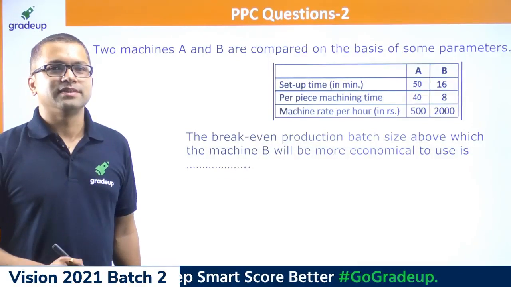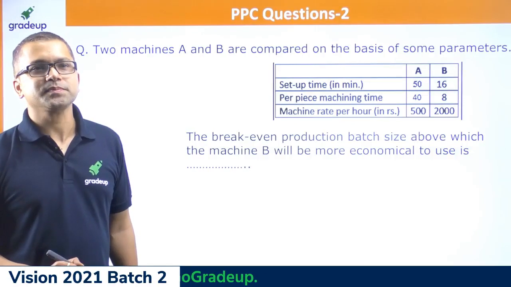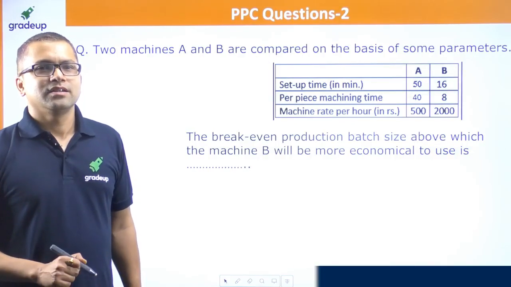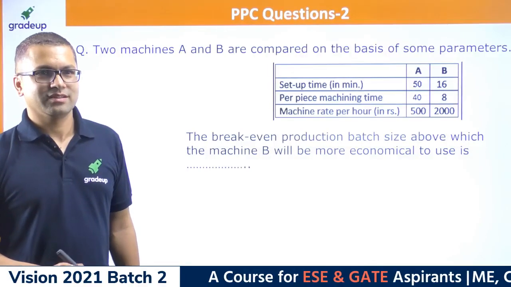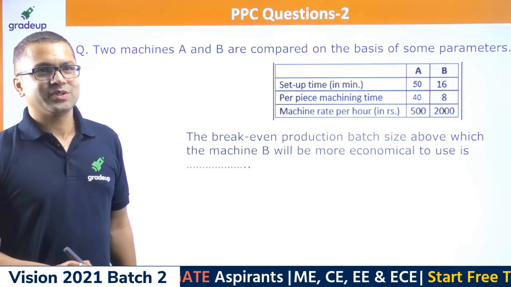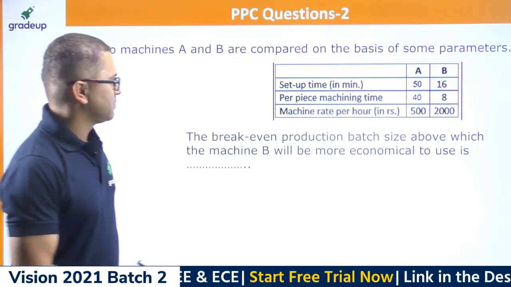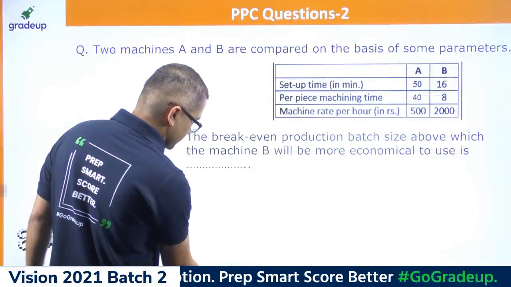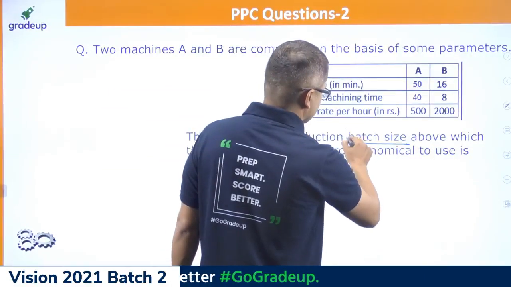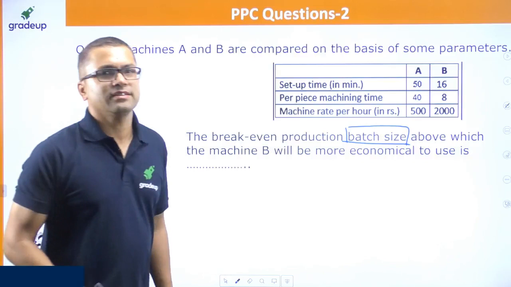Let's see. 2000 again. So what do you need to find? Firstly, could you understand what you need to find? Batch size. So this is what you need to find.